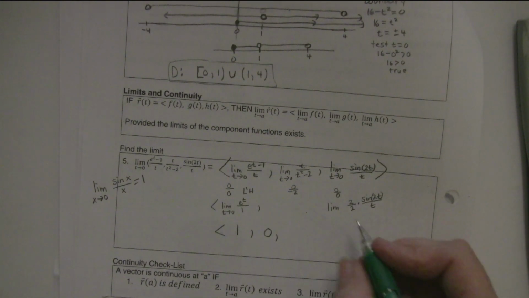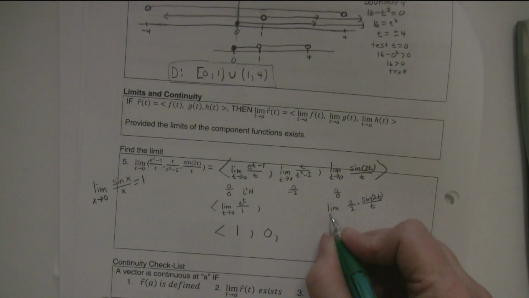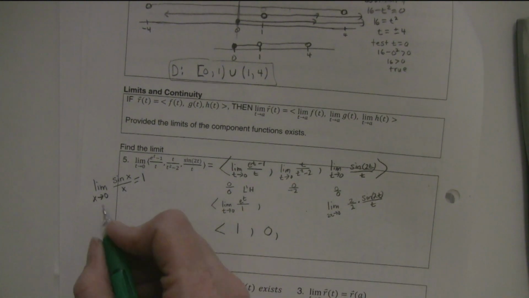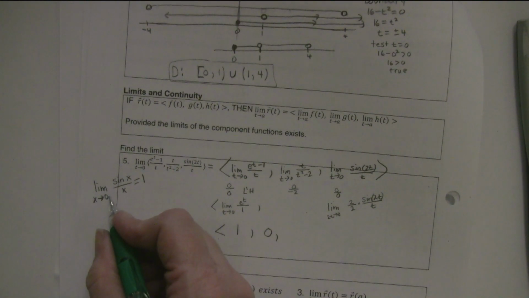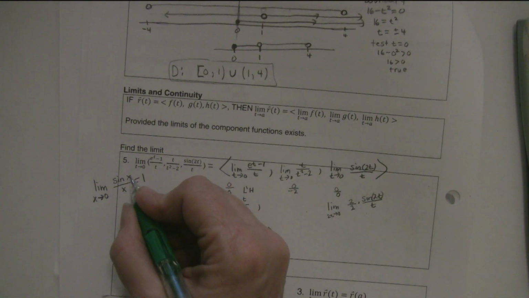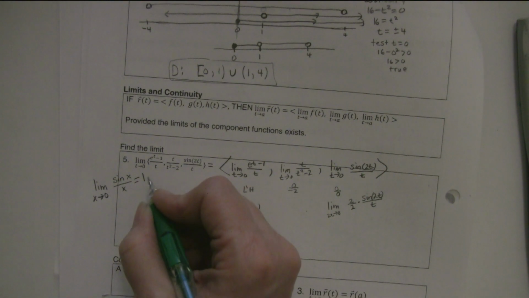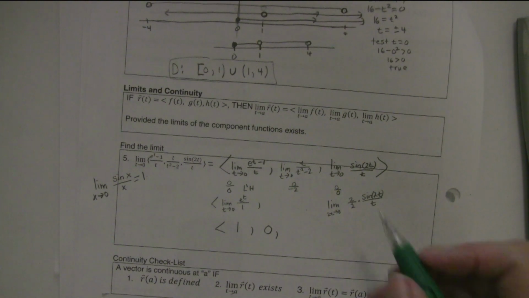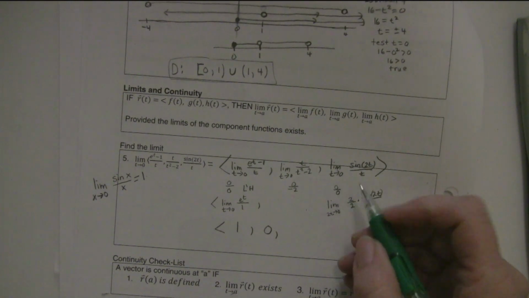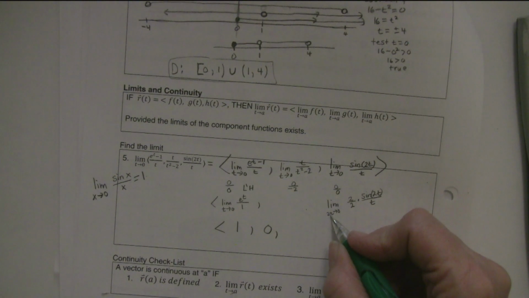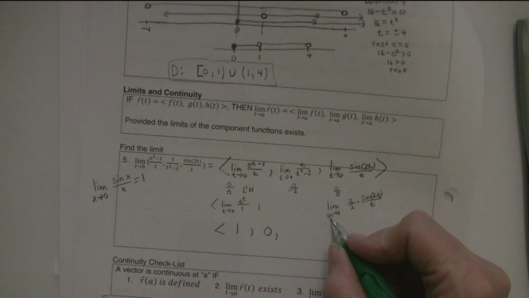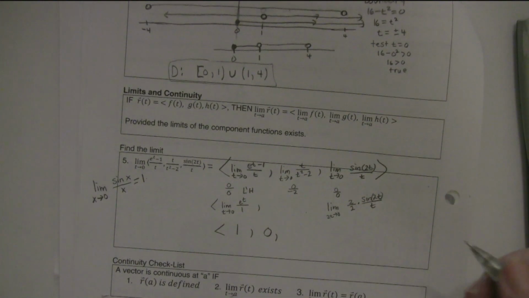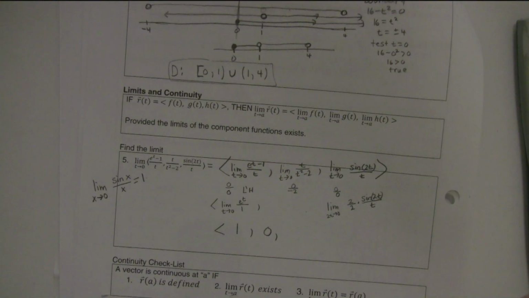Now can I change this instead of being t to 2t? Because they all have to be the same. As 2t goes to 0, sine of 2t over 2t equals 1. And I can, because as t goes to 0, what does 2t go to? Well, 2 times 0 is 0, so 2t also goes to 0.